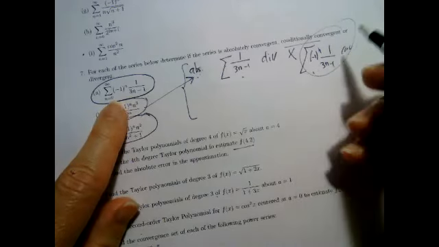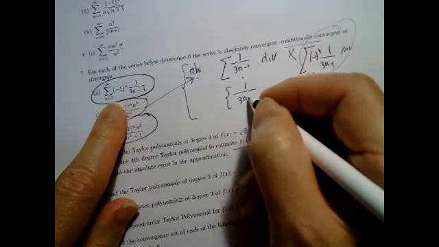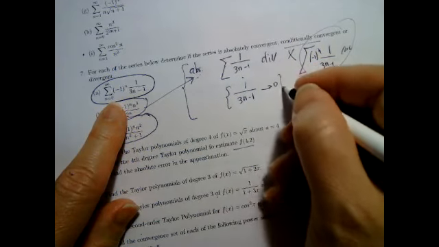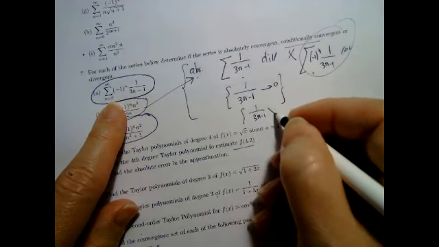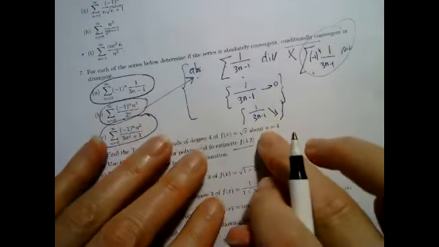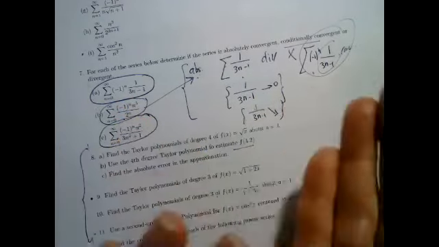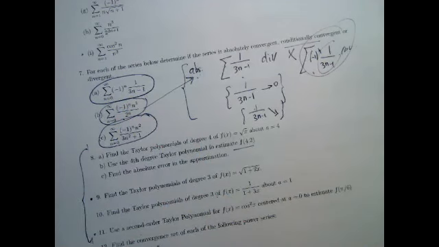What you're doing is looking at the terms, making sure those terms go to 0 and they are decreasing. Oh, okay. Then the alternating series test tells you that if those terms satisfy those conditions, when you add them and subtract them, the series will eventually converge.